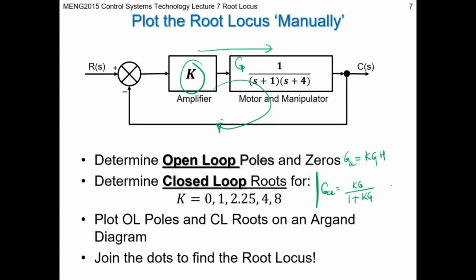So we'll find the roots of this, get the closed loop roots of this, and look at the various values of k, right?